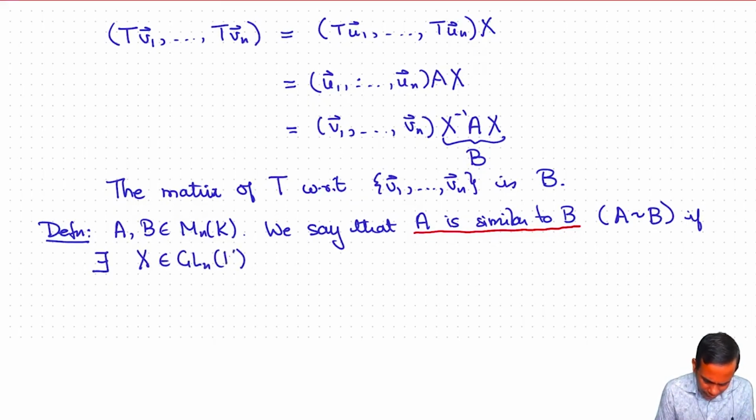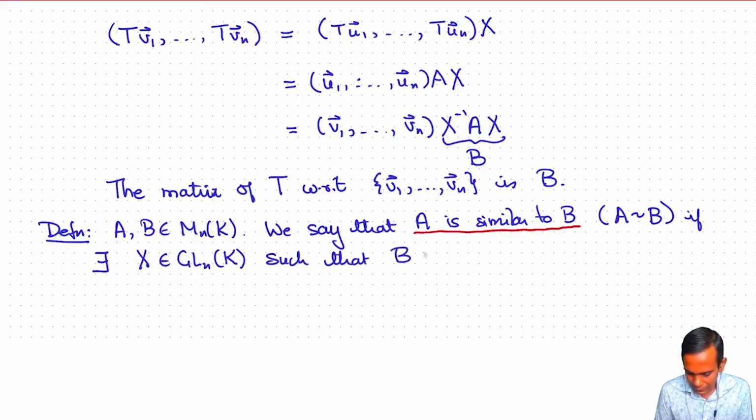This matrix X that we had going from the basis U to the basis V has to be invertible, because we can go back from the basis V to the basis U by its inverse. So this matrix X is in GL_n(K) such that B is equal to X inverse A X.